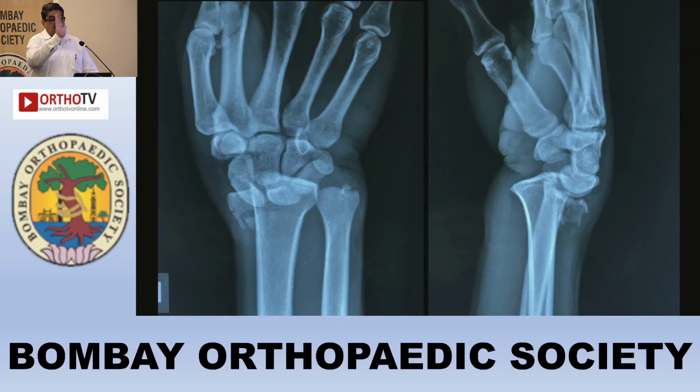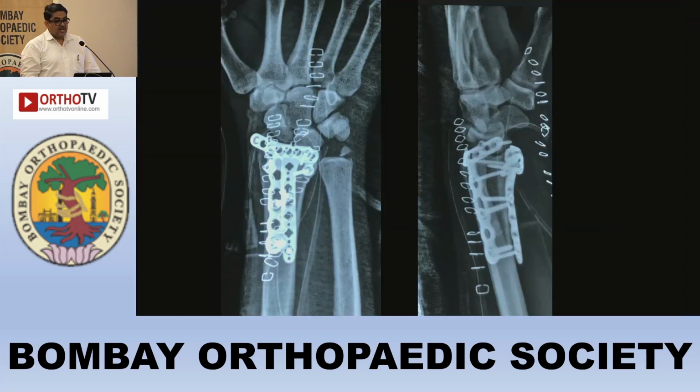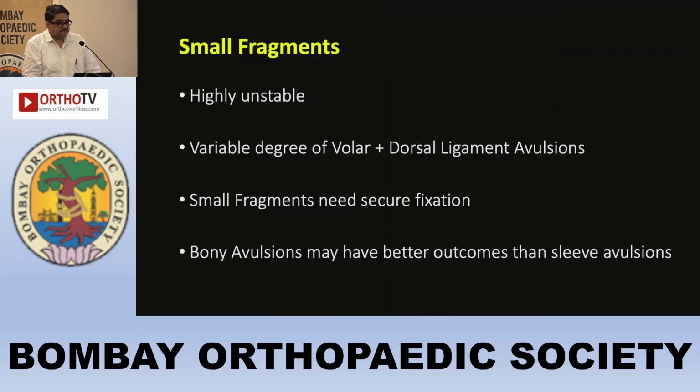Sorry, I started with the dorsal buttress. So there is no fixation on the dorsal side. It's just a dorsal buttress plate. And then it continued to be highly unstable even on the volar side. So I had to put some capsular sutures on the volar side. That's the reason you see plates on both sides.